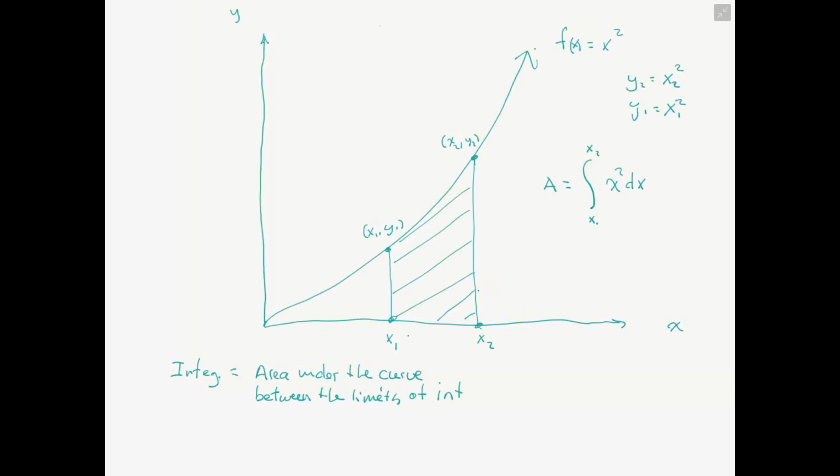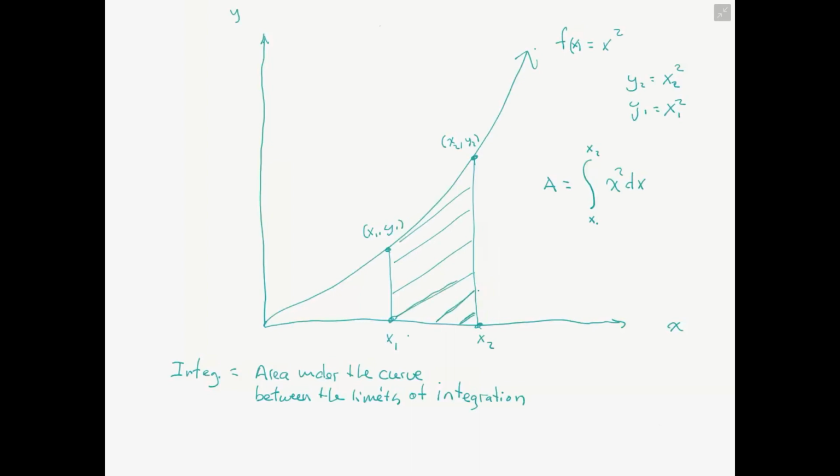And we're going to take a look at this more closely and how we come up with this interpretation. There are various ways of looking at it, but that's a key element of understanding integration.